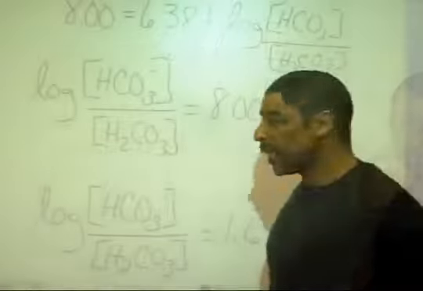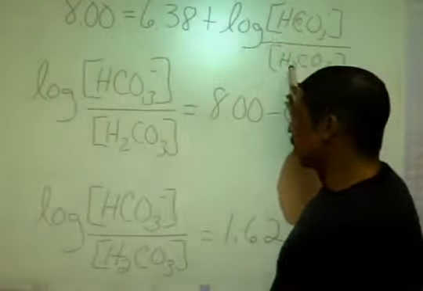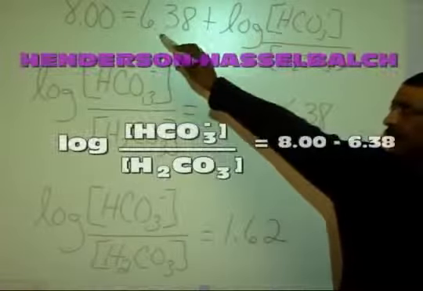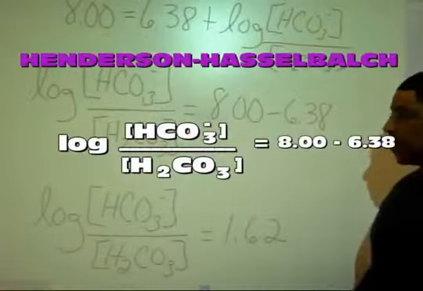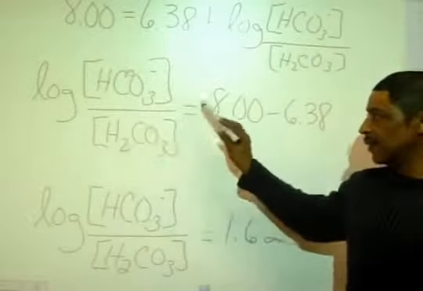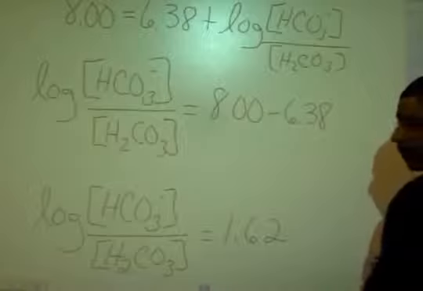At this point, we would like to isolate our log anion over acid. Therefore, we subtract 6.38 from both sides of the equation. That gives me log anion over acid is equal to 8.0 minus 6.38.